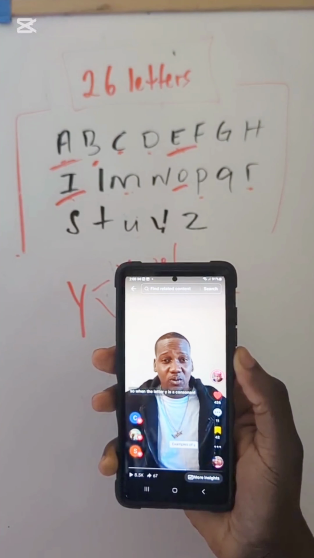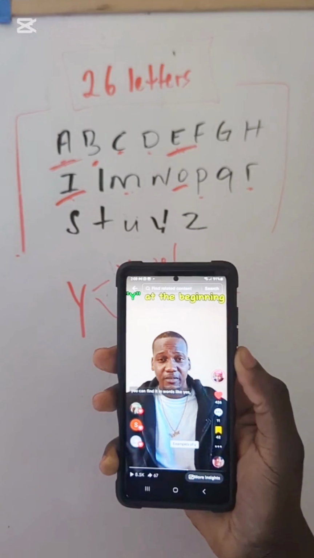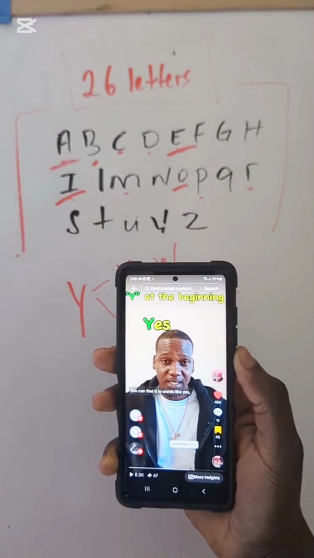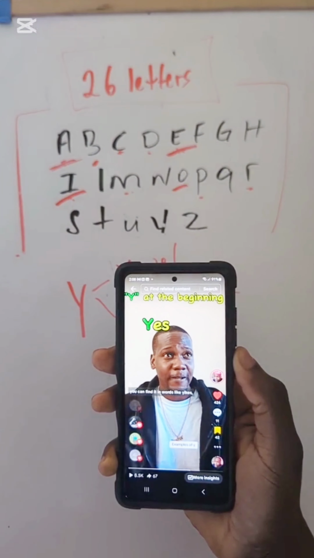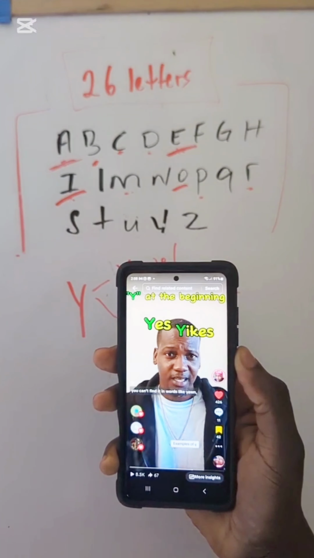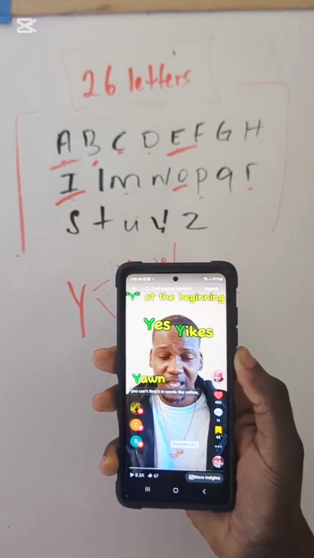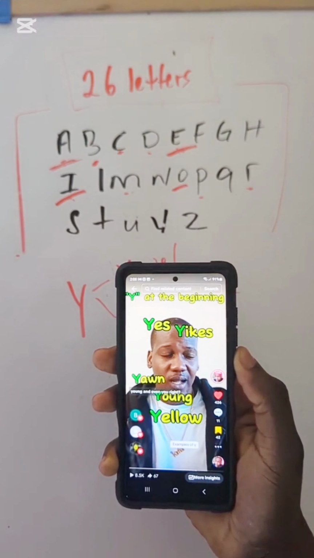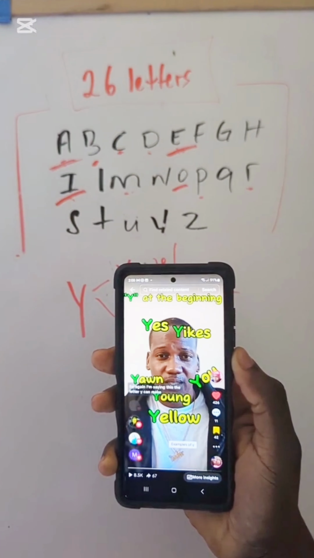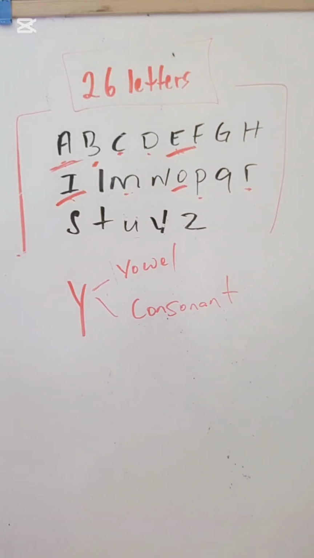So when the letter Y is a consonant, you can find it in words like yes, you can find it in words like yikes, you can find it in words like yawn, you can find it in words like yellow, young, and even you, right?